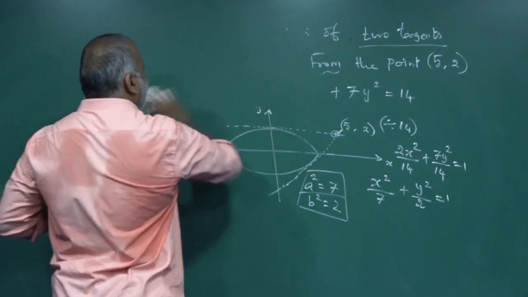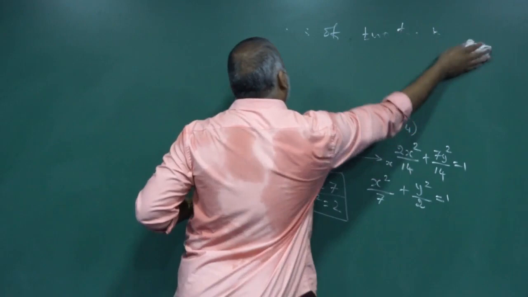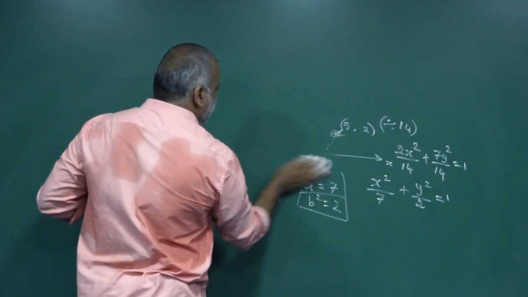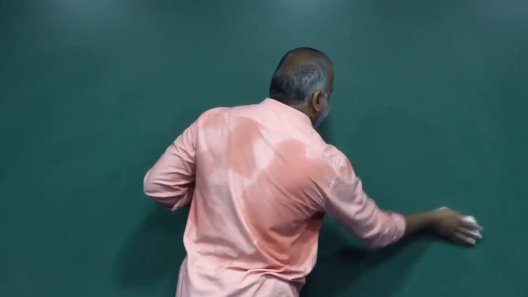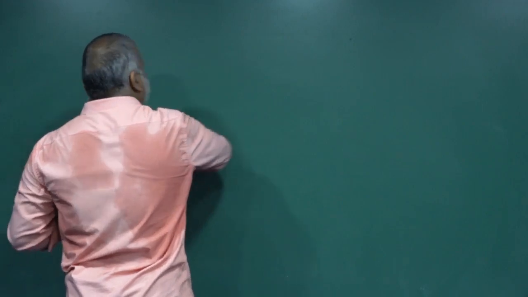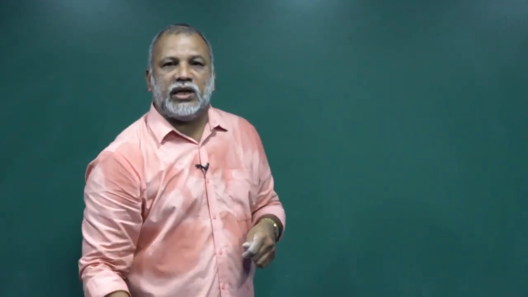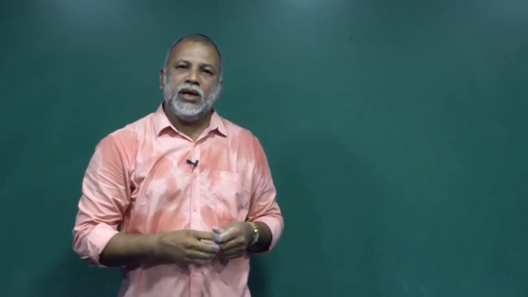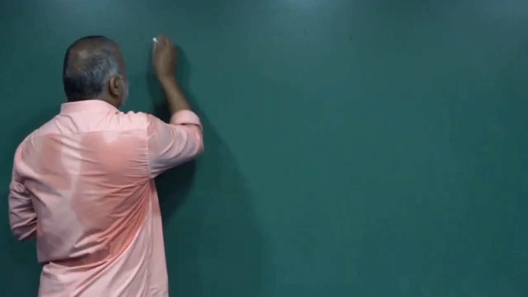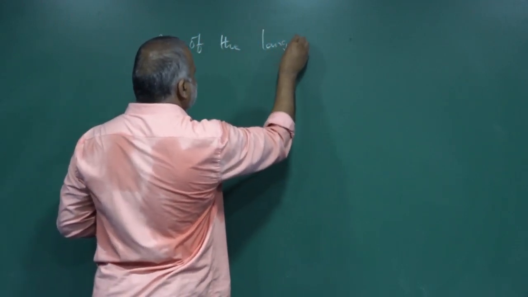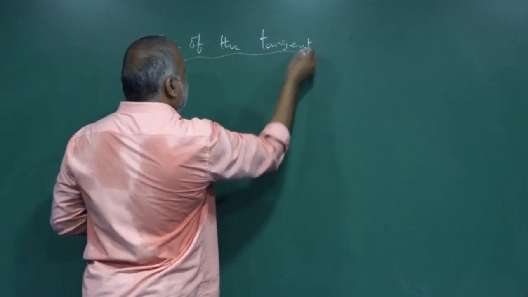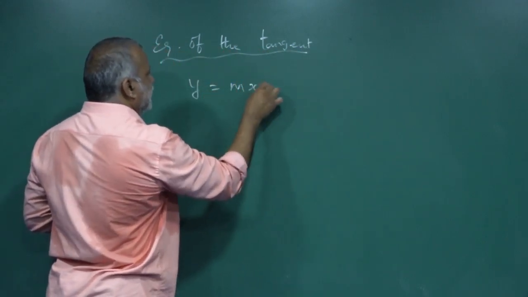Recall the concept: equation of the tangent to the parabola, to the ellipse, to the hyperbola. We already worked out the conditions. Recall the condition for the line y equal to mx plus c to be a tangent to the parabola, to the ellipse, to the hyperbola. Refer to the theoretical concept we already discussed. Equation of the tangent: y equal to mx plus c.